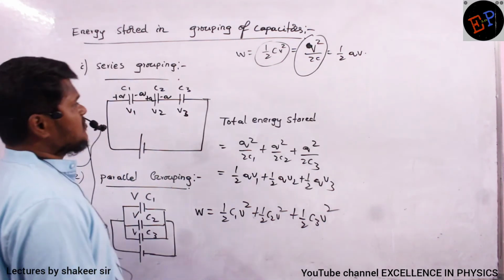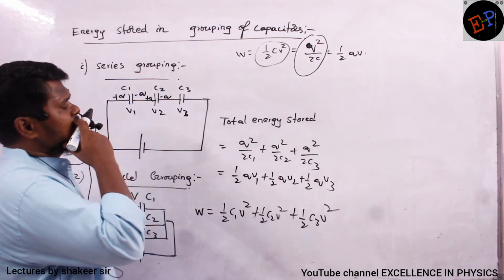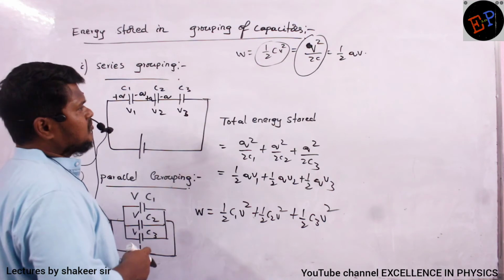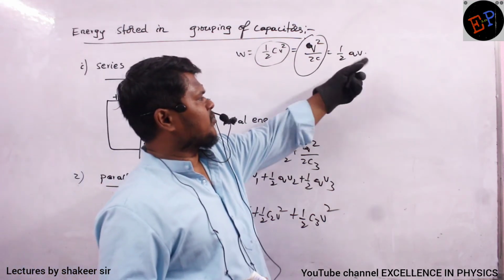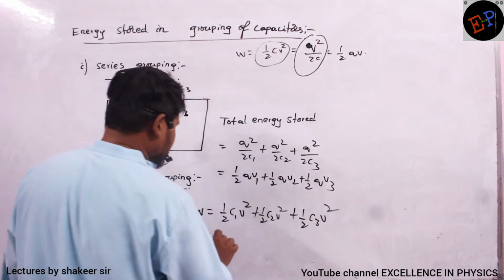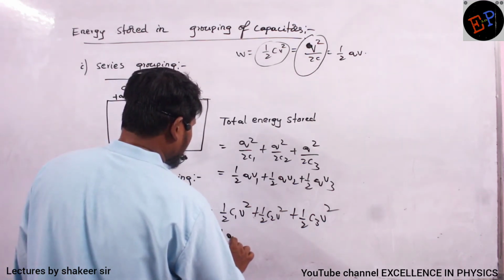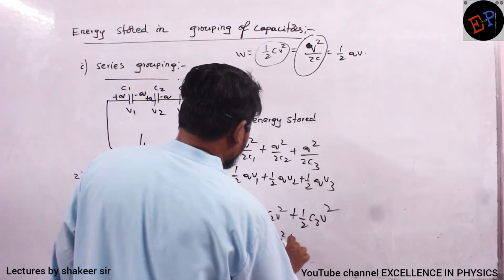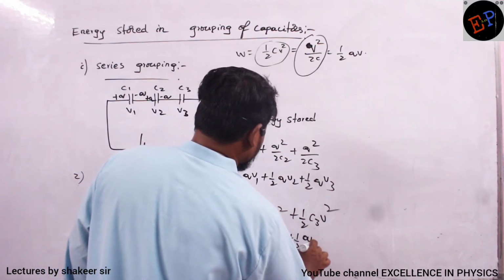Similarly, see if there is any other equation. Potential is the same, no? Half QV, potential difference on every capacitor is the same. So one more method in which I can write is half Q1 V square plus half Q2 V square plus half Q3 V square.